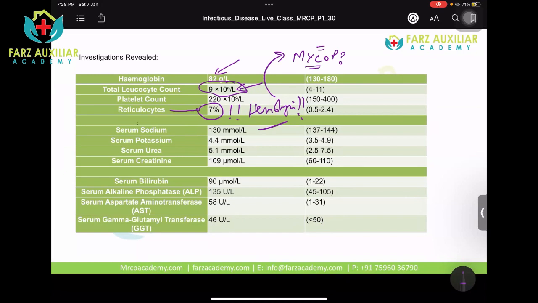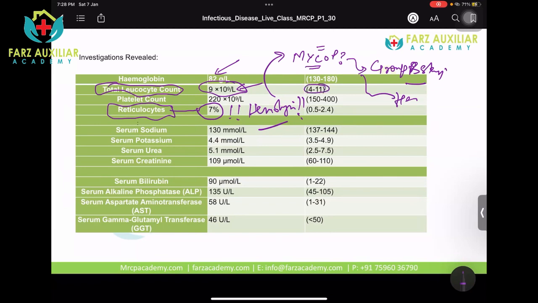Group B strep. Okay, Group B Streptococcus, Streptococcus hemolyticus. Okay, so hemolysis is there. Fine. So there is hemolysis going on as evidenced by increased reticulocyte count, but you see the total leukocyte count has not increased. So some bacterial infection or some infection which is not increasing the total count.